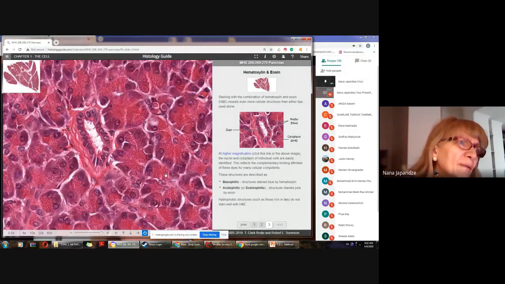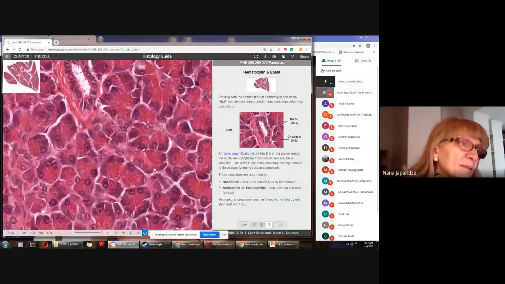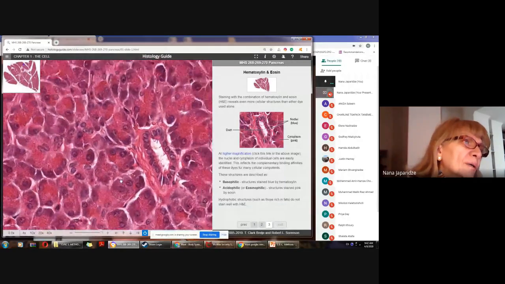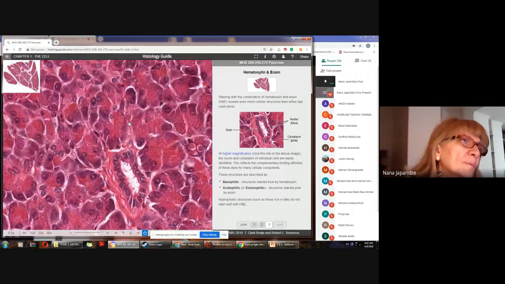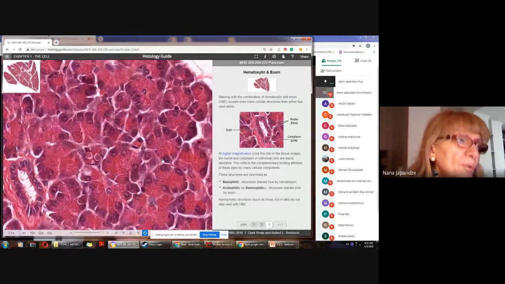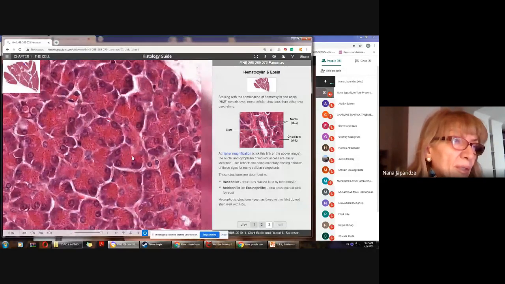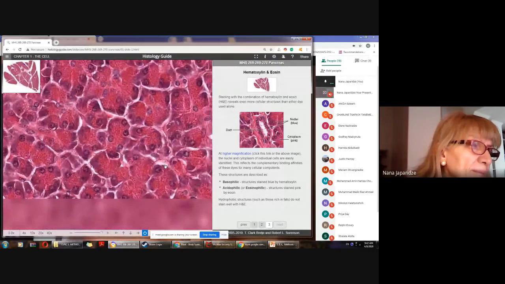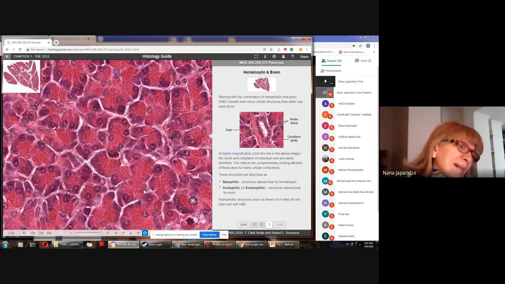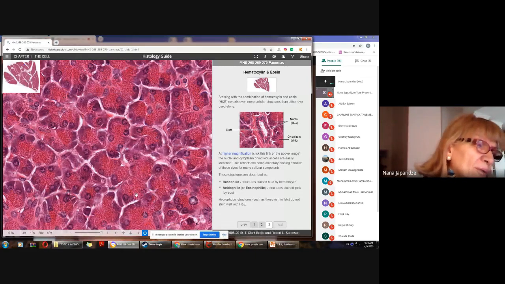Look, we have here profiles of cells which have no nucleus there. I want to show you this. For example, this one here, this one or that one. Only small parts of the nucleus are visible.